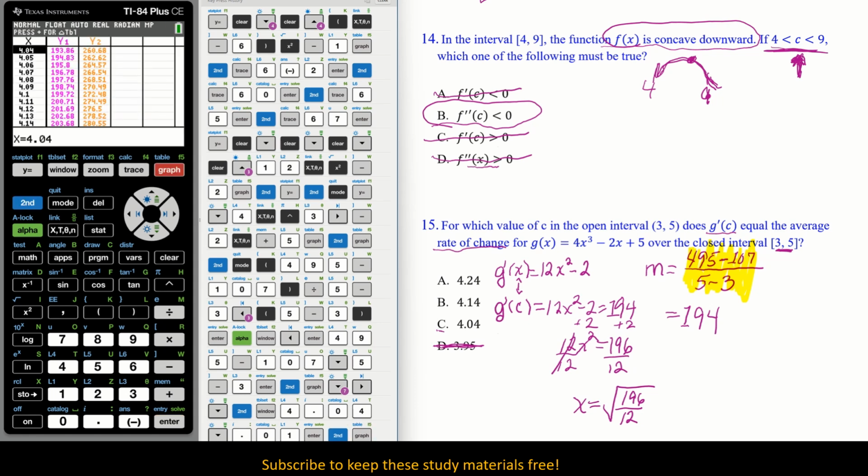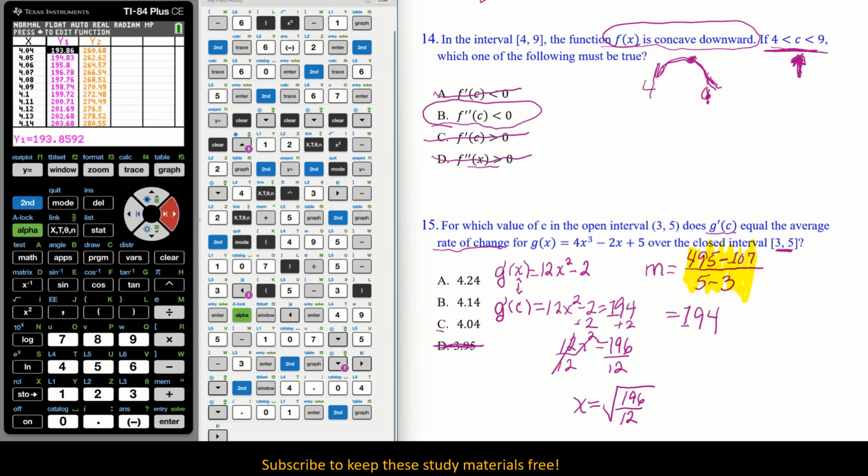Second graph. Interesting, look at what we get. It lays things out for us. At the top of my table, I have 4.04, very convenient. If you arrow over, that value rounds up.